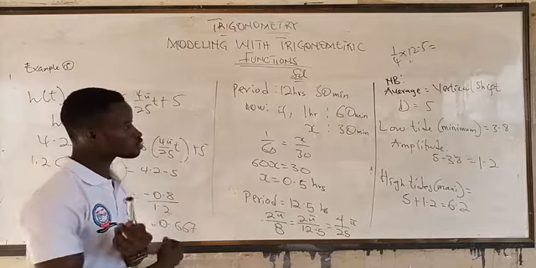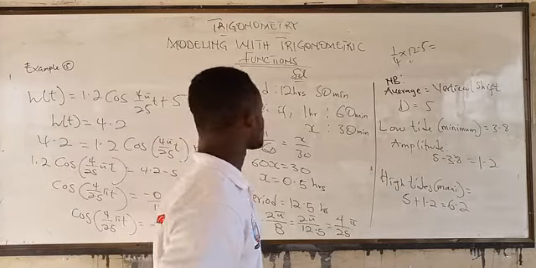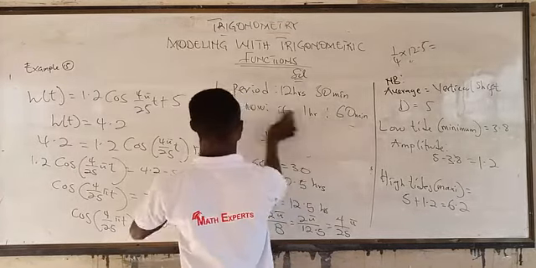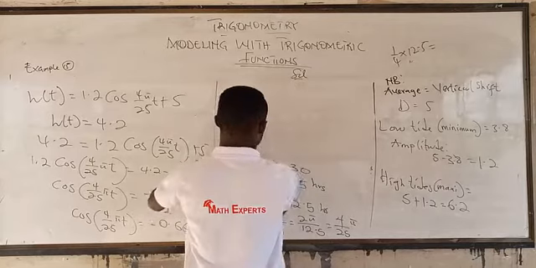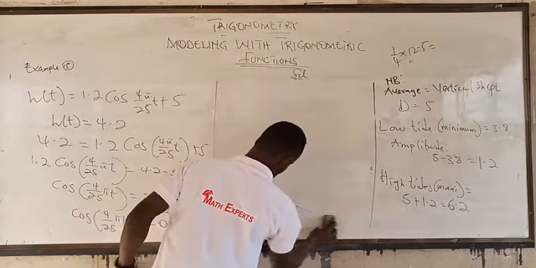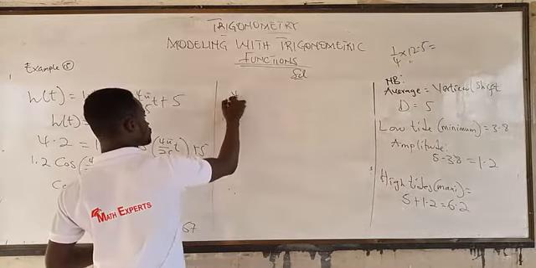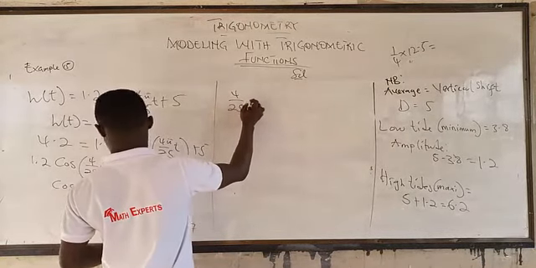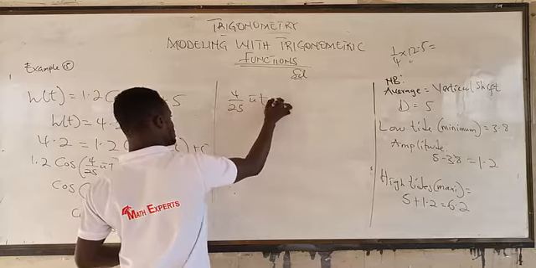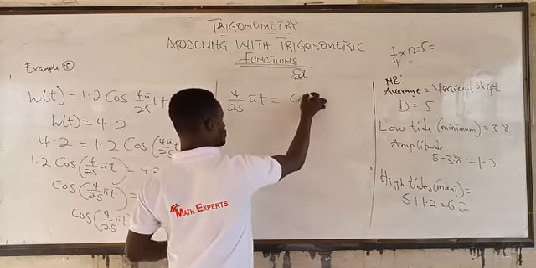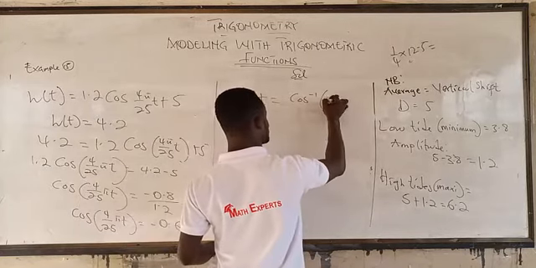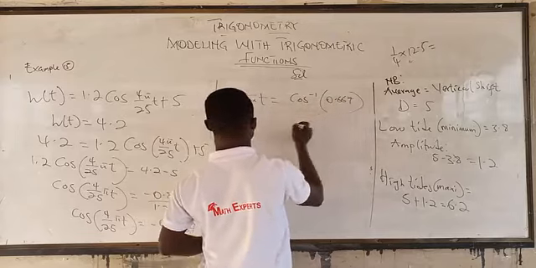Then you take the cos inverse of both sides, you get 4 over 25 pi t to be equal to cos inverse of negative 0.667.